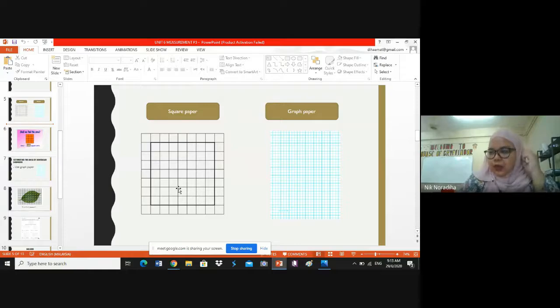Hopefully all of you already understand how to find the area using square paper. Teacher already checked most of the exercises that you sent in Seesaw. Well done. I can see everyone already understands. Hopefully that knowledge stays with you for a long, long time.